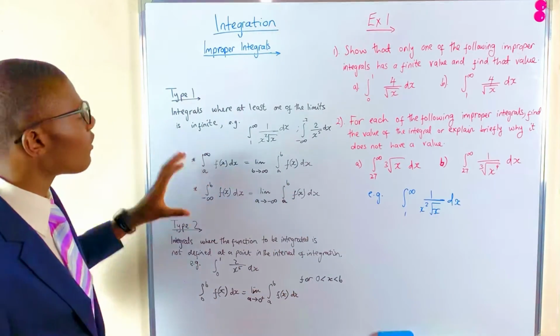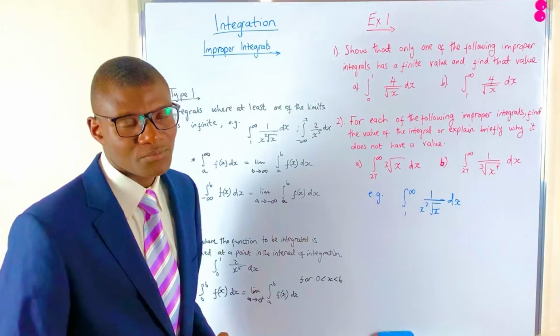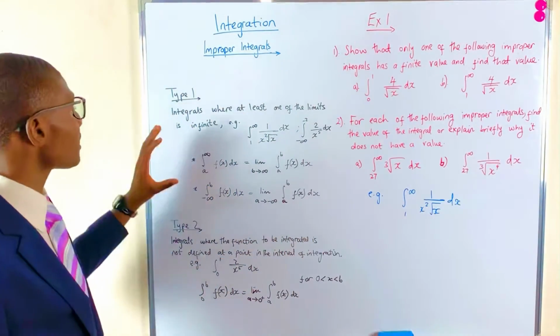These are only valid when the limits actually do exist. So this is for type 1.